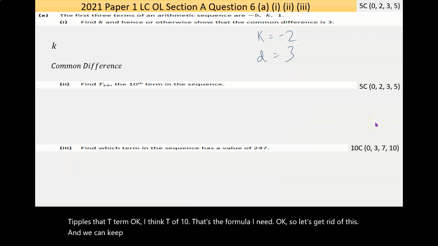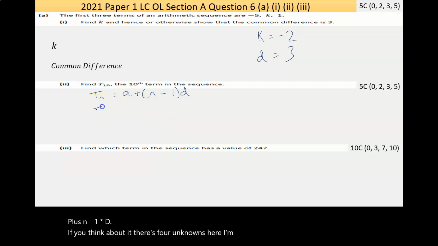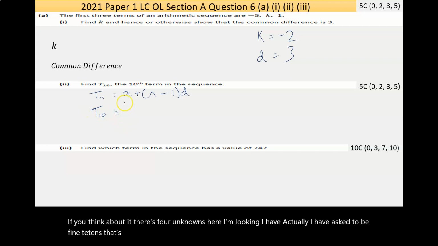Now if I rewrite that formula, the t of n is equal to a plus n minus 1 times d. And if you think about it, there are 4 unknowns here. I'm asked to find t10, that's unknown, is equal to, now, the question is, what is a, what is n, and what is d?